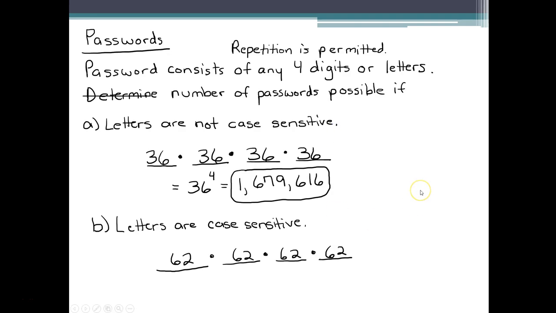Oh, this is starting again. Stupid thing where it's jumping. All I'm doing is lifting my pen. All right, 62 to the 4th power, which ends up being 14,776,336. Wow.